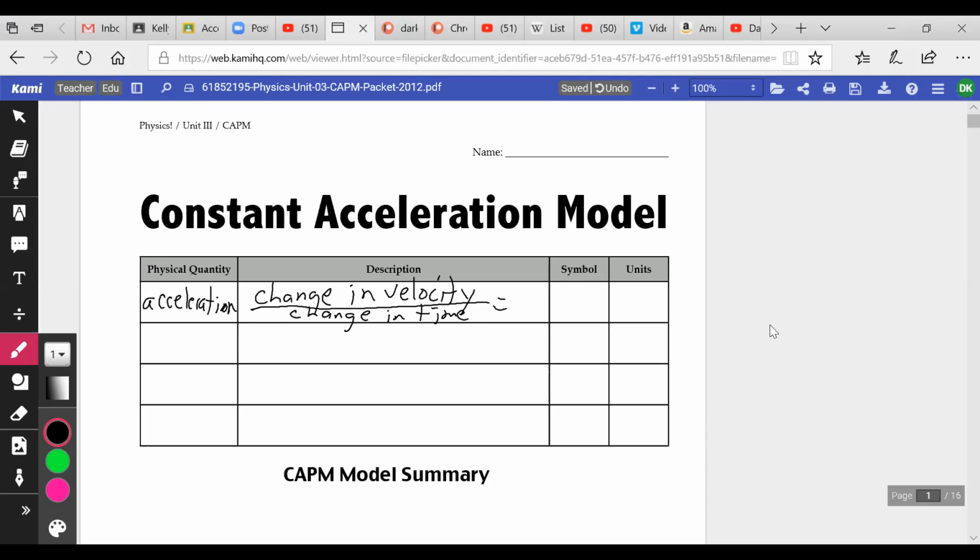And we can summarize that within an equation, delta V over delta T. So the acceleration A will be change in velocity over change in time.